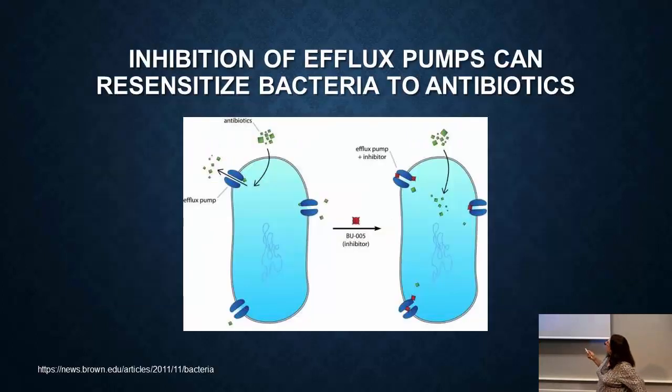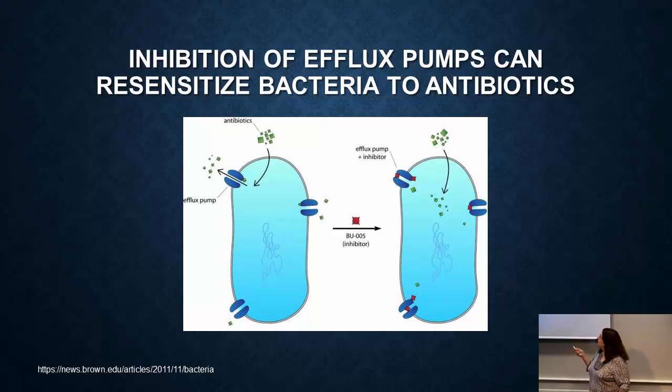All right, and one last way in which people are thinking, which someone actually mentioned. So here's a cell with the efflux pump again, where it's pumping out the antibiotic. People are designing inhibitors directly for the efflux pump. And what that will do, hopefully, and this is again very new research, is that by inhibiting the efflux pump, you can resensitize the bacteria to the antibiotic.